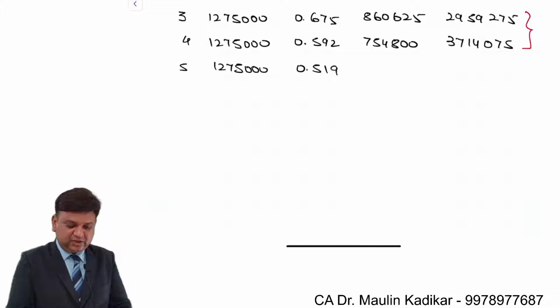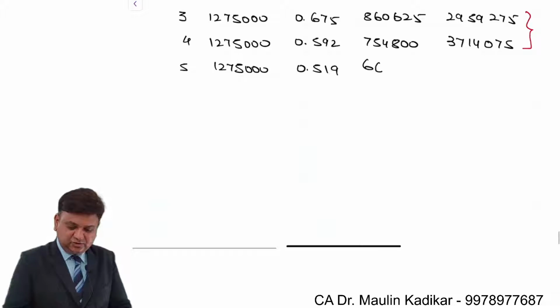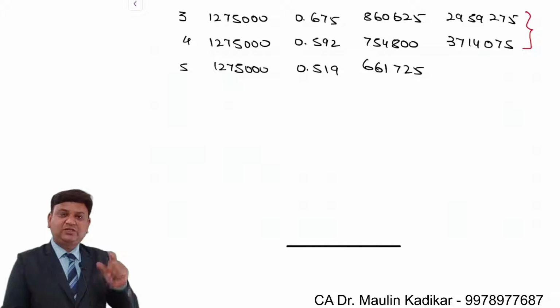Otherwise it is not at all required. 12,75,000 into 0.519. So it is 6,61,725.